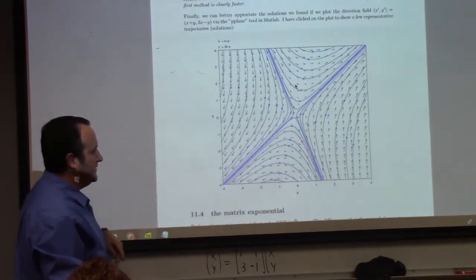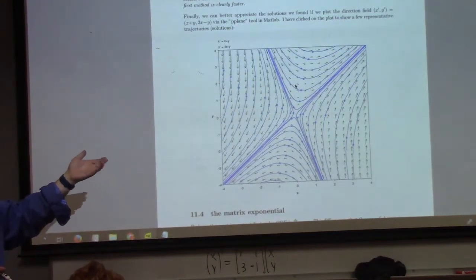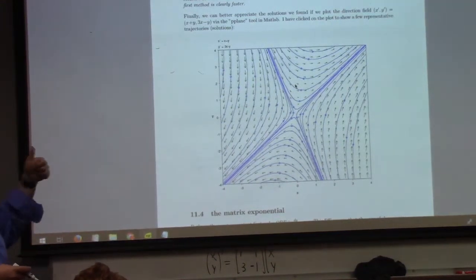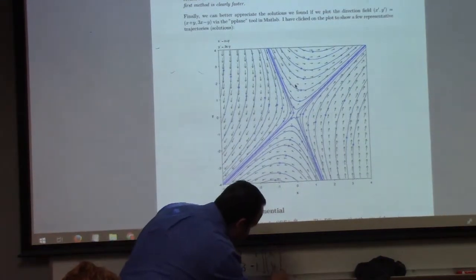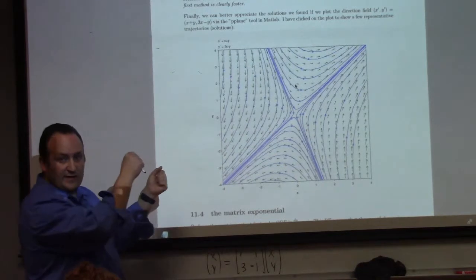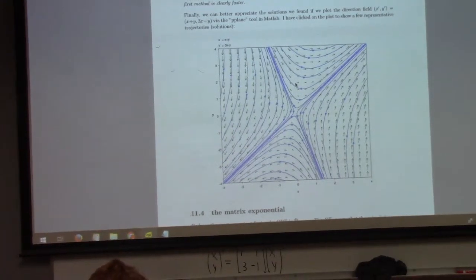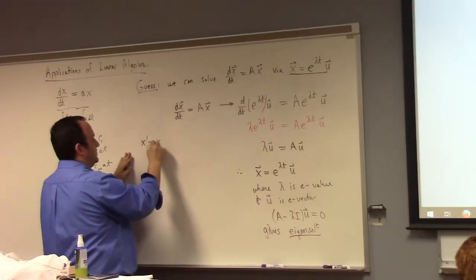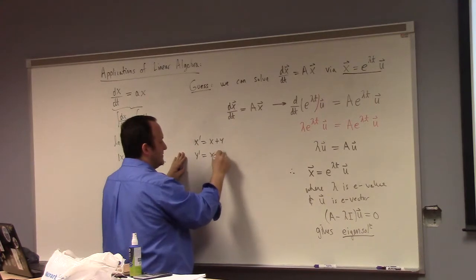And there's a really neat geometry underlying the story of eigenvectors. I was showing you the algebraic side of it, but geometrically there's also something very pretty. Basically what happens is you can change to eigencoordinates. You start out with x prime equals x plus y, y prime equals, what is it, x minus 3y.